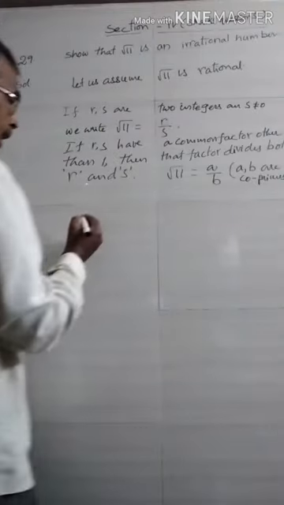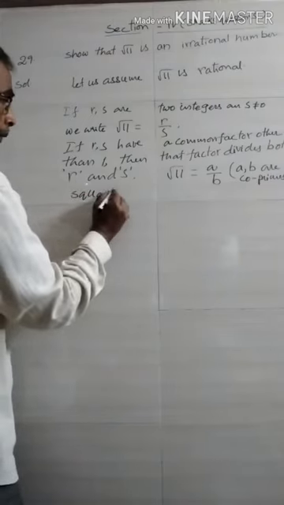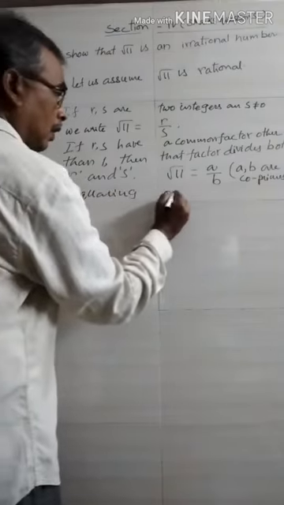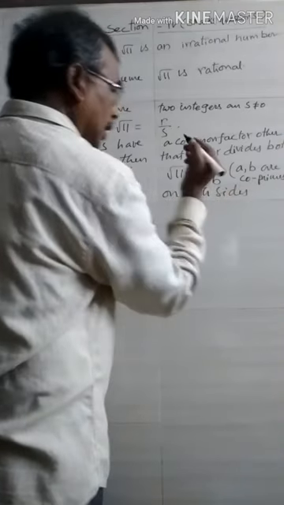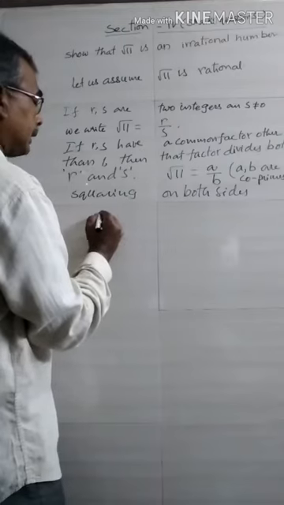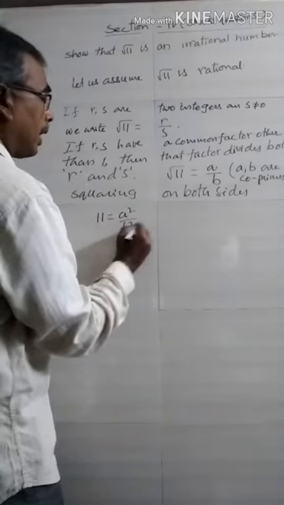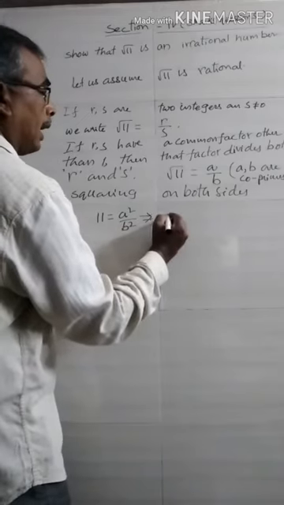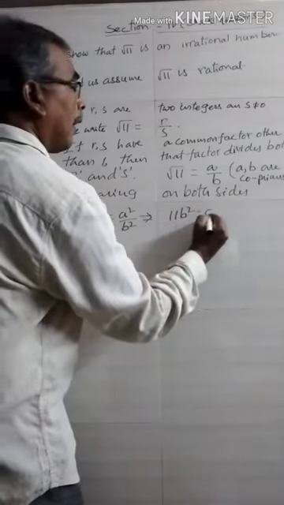Now squaring on both sides, what do you get? 11 is equal to A square by B square. That implies 11 B square is equal to A square.